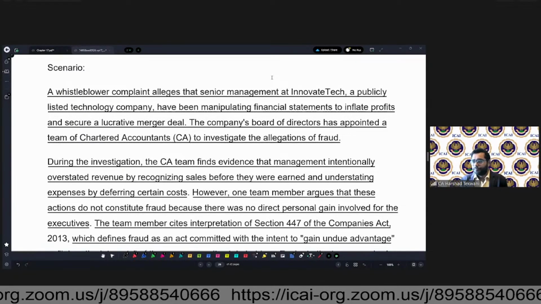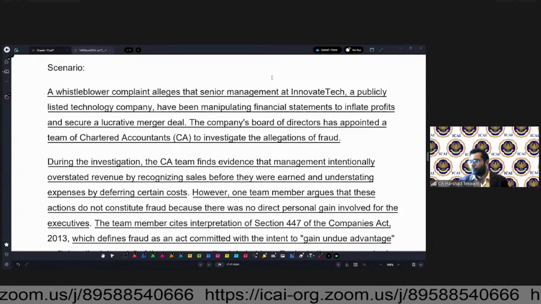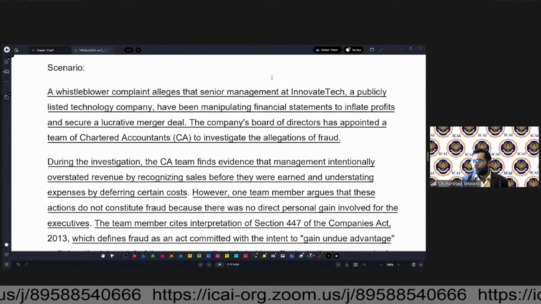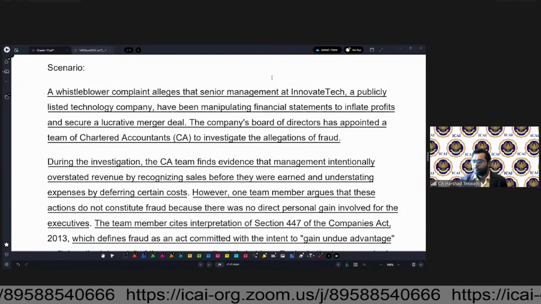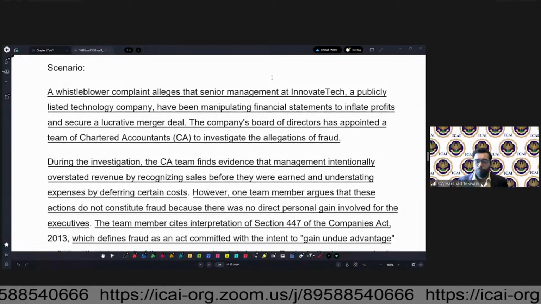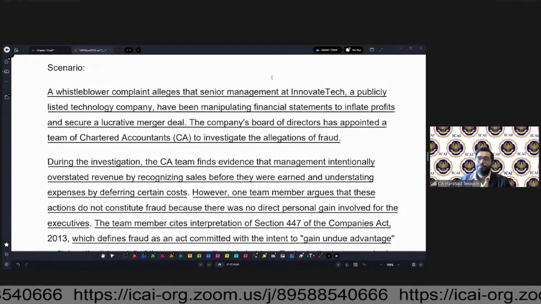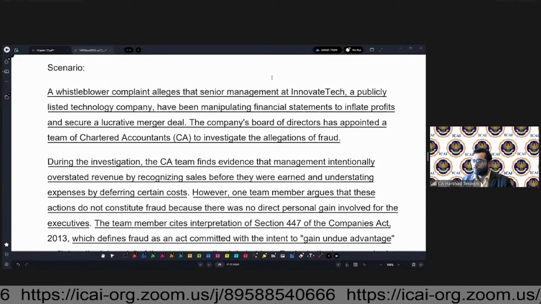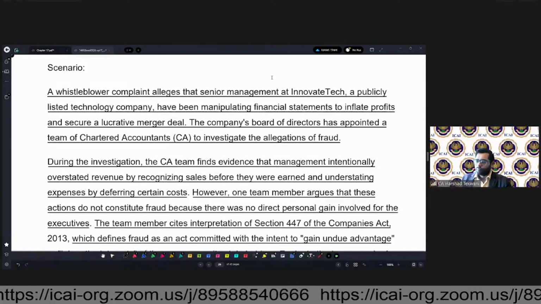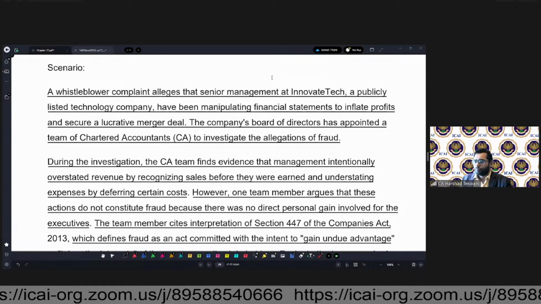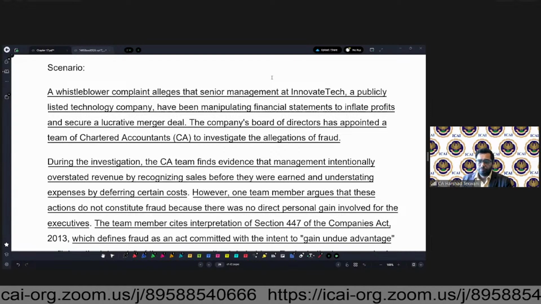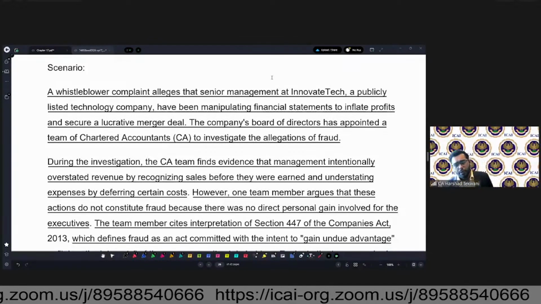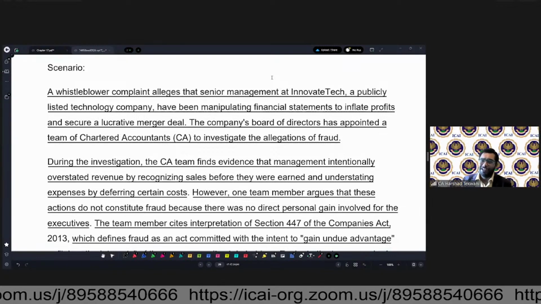Come on, guys. What do you think of this particular scenario? Come on, quickly. What is the requirement of Section 447?